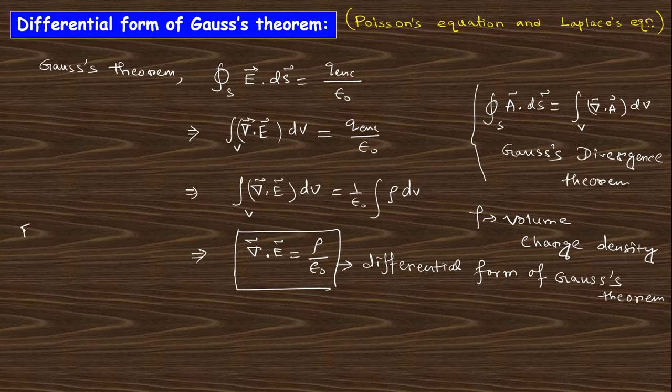Now you know the electric field is related to the potential like that: E equals minus grad V, where V is the potential and E is the electric field.